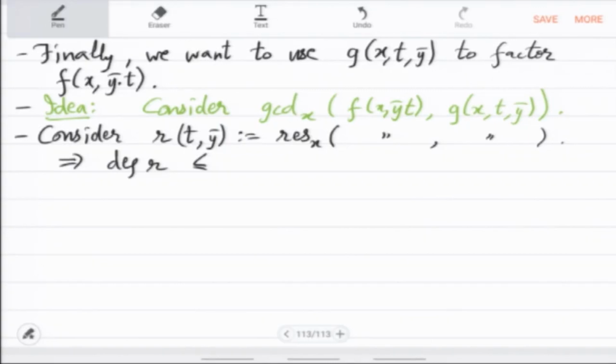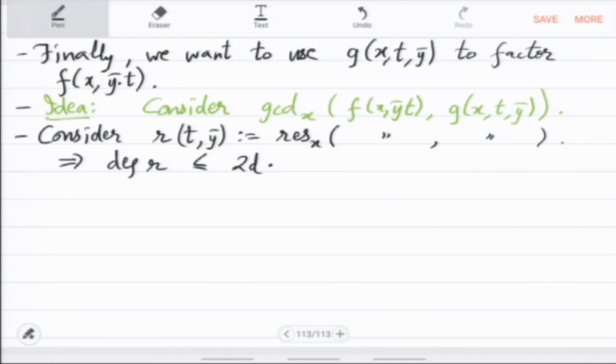So this is definitely smaller than 2d times the degree of the entries or coefficients of f with respect to the x monomials, right? So they are actually themselves polynomials in y bar and t. So you have to use the degree bounds of g here.